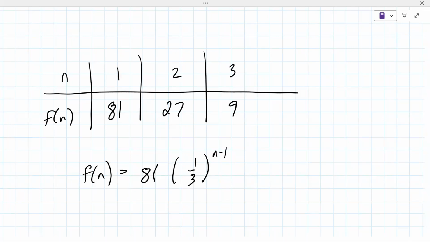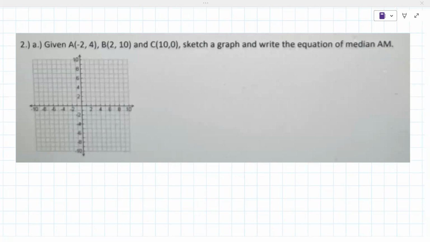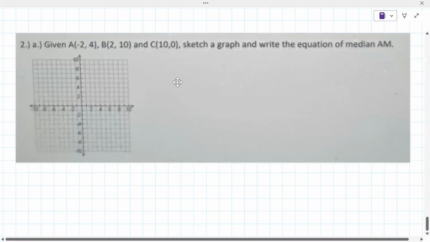Cool. All right, so let's go back to the pages you sent here, and let's look at 2A. The next grouping of questions are ones that we did in previous lessons, so you can always go and look at those if you're really stuck on how to do these, but we'll get through as much as we can.